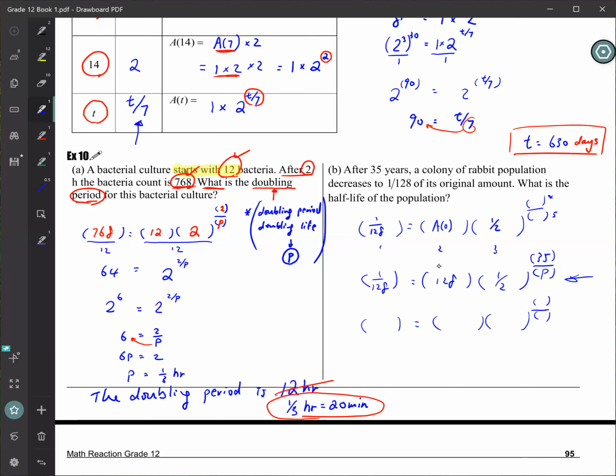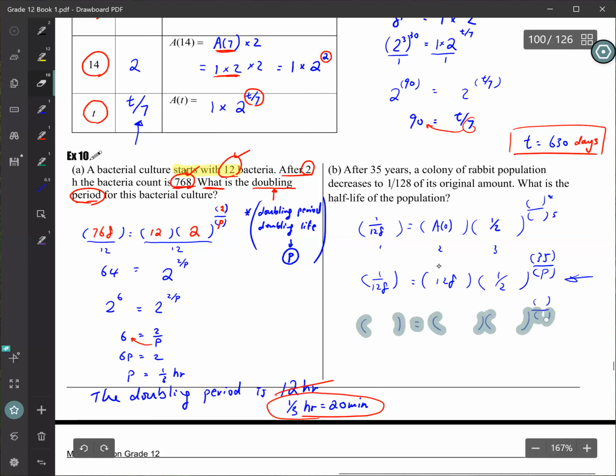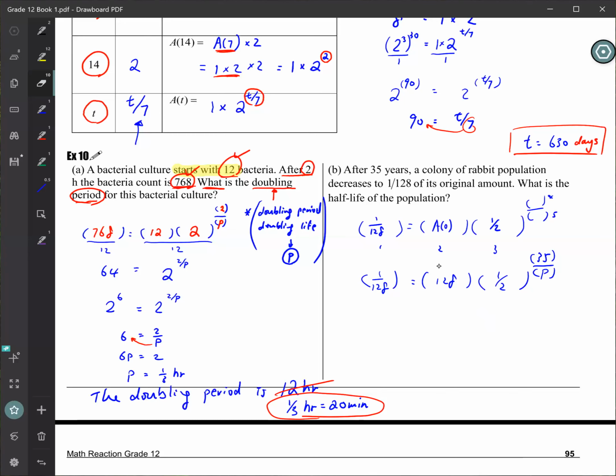Okay, so each one of them has a little mistake in there. So I'll go over both ways and then talk about how you can do each different way. So let's take a look. The difference for this one from question A is that it did not tell you how many to start with.